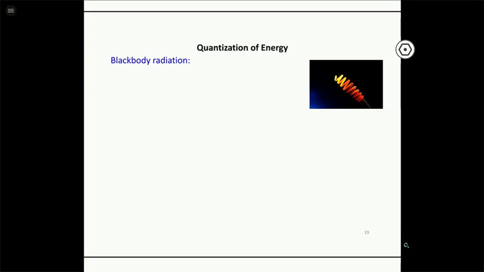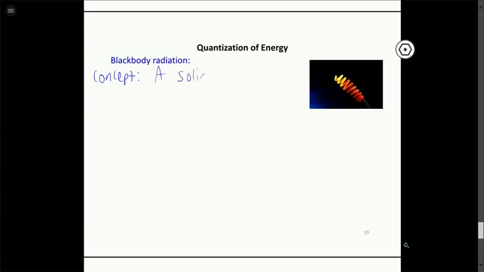So we all know what black body radiation is. If you have an electric stove, or if you use a soldering iron, if you heat up certain materials to a very high temperature, they glow. That's the concept of black body radiation. It's a solid that's heated to a very high temperature, one that doesn't burn, of course, though I guess flames are sort of related.